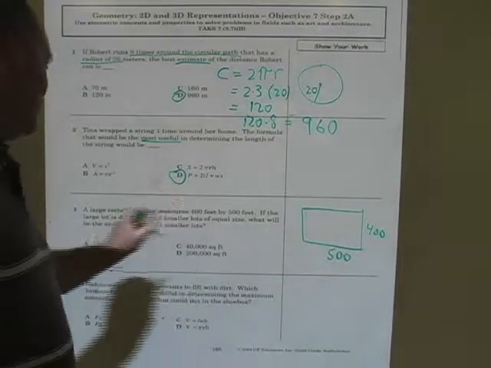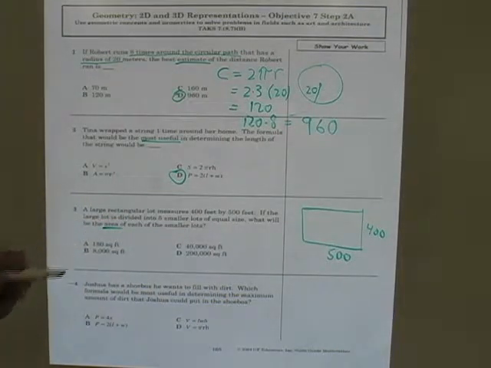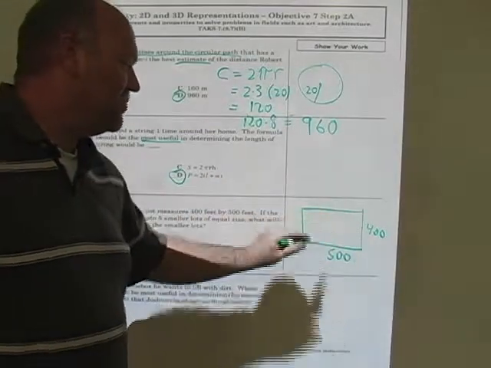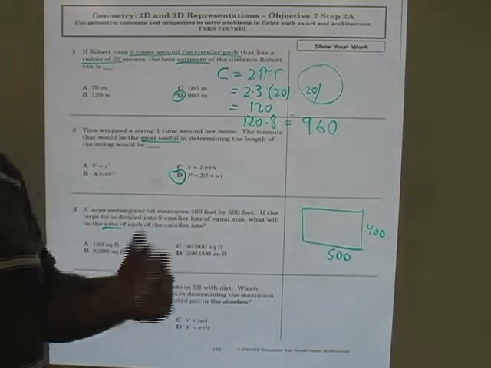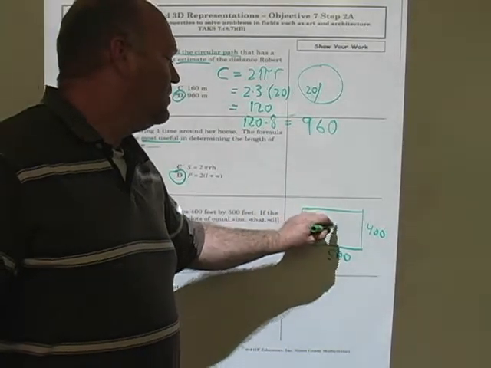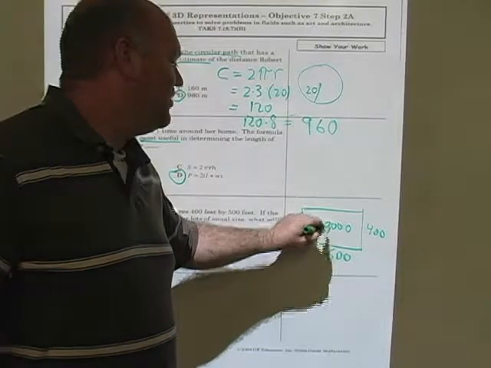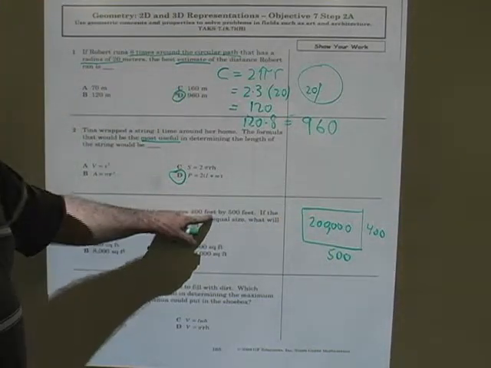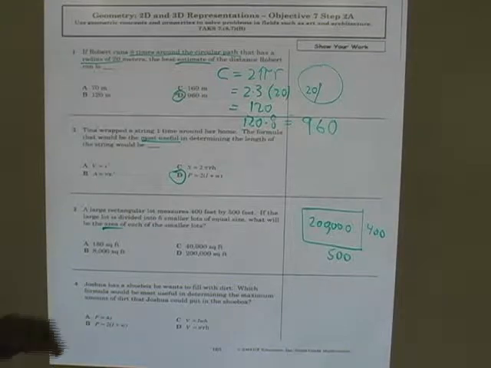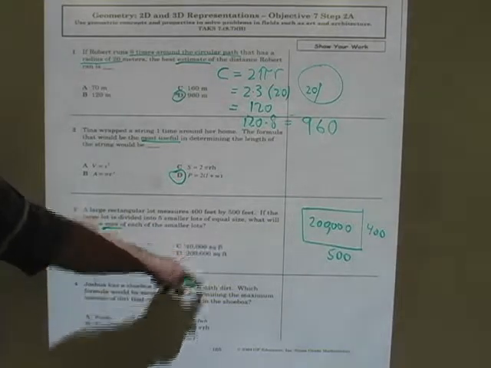So there's a key word right there. We're looking for area. So find the area of this rectangle, length times width. You're going to get 200,000 feet, but they're square feet. So 200,000 square feet. Notice your answers are in square feet.